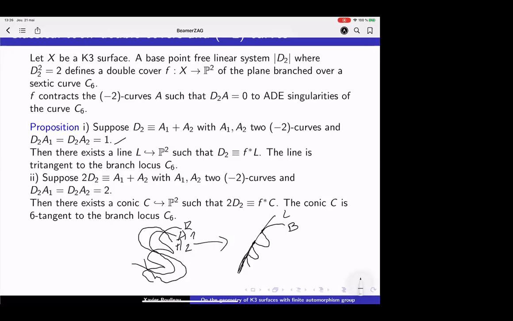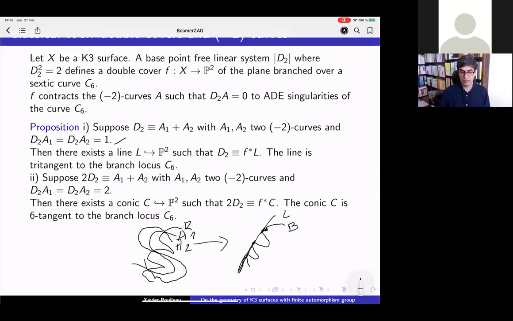Why that? It is because the tangency condition here makes no ramification at that point, and if you have no ramification at the 3 points, that means that you have no ramification of rational curves, so you have 2 curves on the pullback.